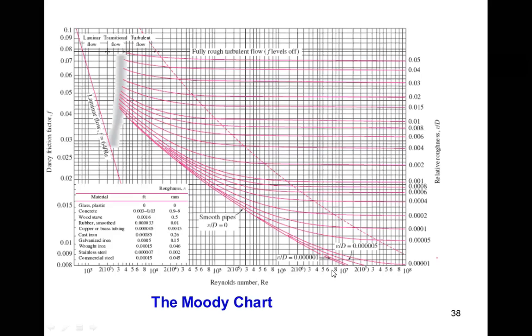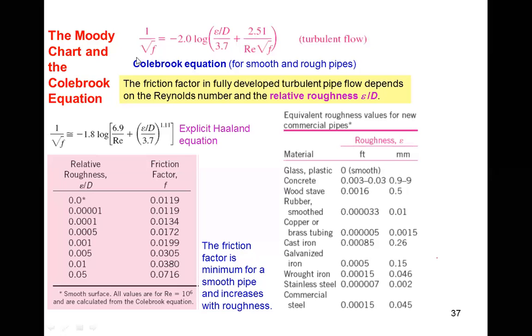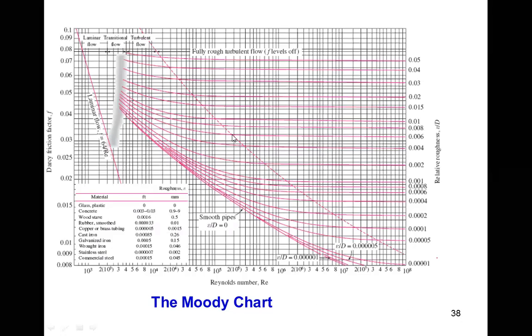So a slight change in the reading will create a huge variation in the data. Therefore, you are always supposed to use the Haaland correlation or the Colebrook correlation to calculate your friction factors. Okay, fine.